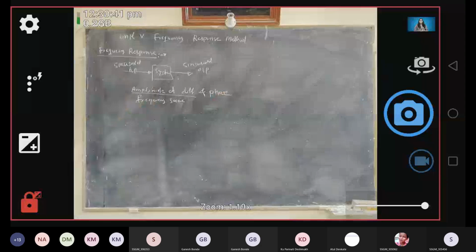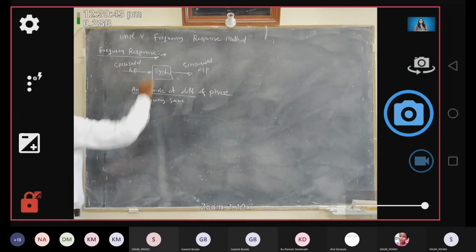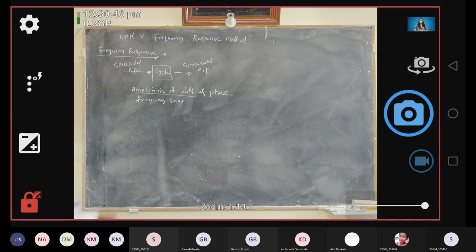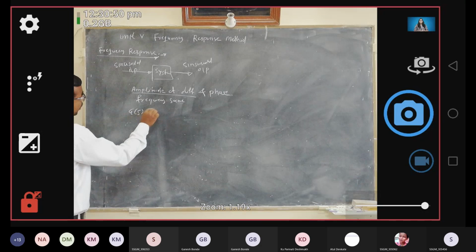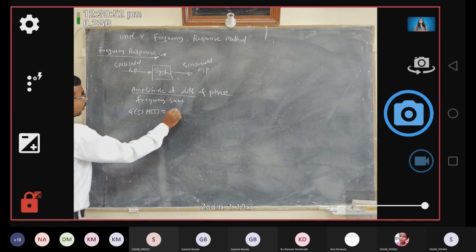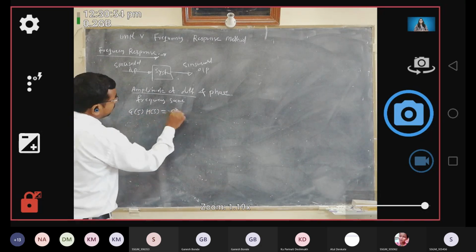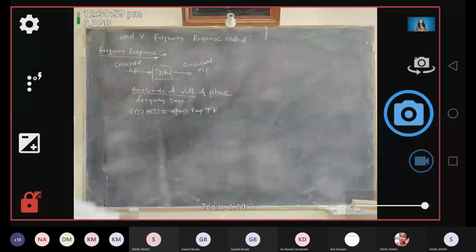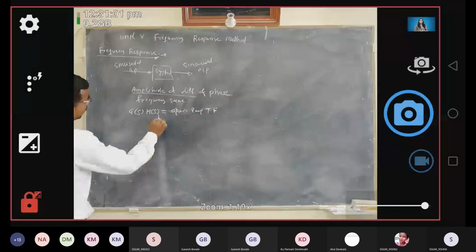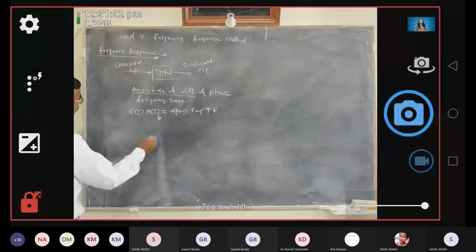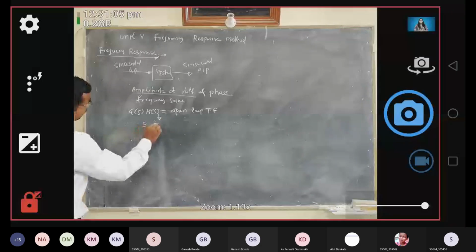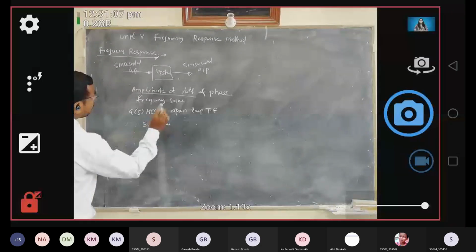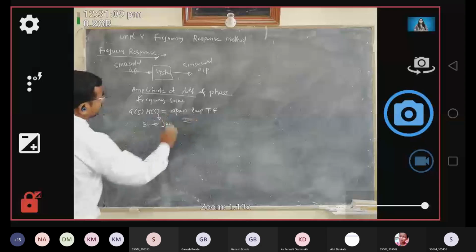Then how to plot the frequency response of the system? In general we have G(s)H(s), the open loop transfer function of the system. To get the frequency response, the general step is to replace the s term by j omega, where omega is 2 pi f.